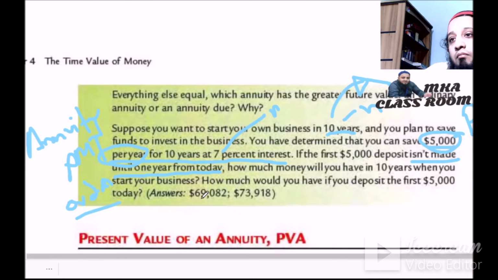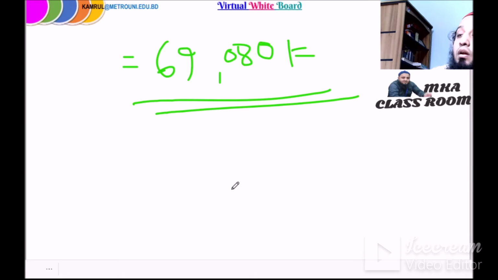Now, here is another portion. How much would you have if you deposit the first 5,000 today? If you deposit today, then what will your amount be? That means it should be an annuity due.